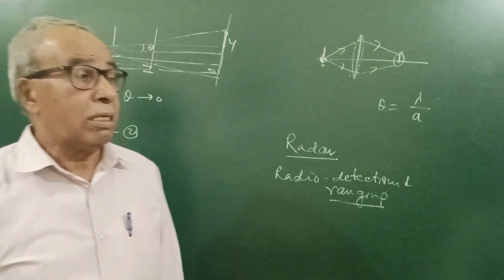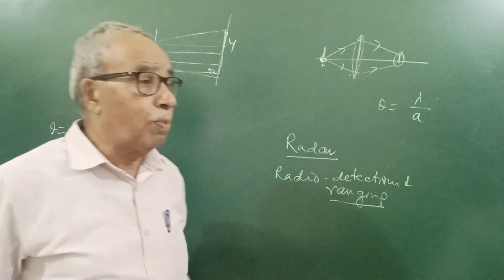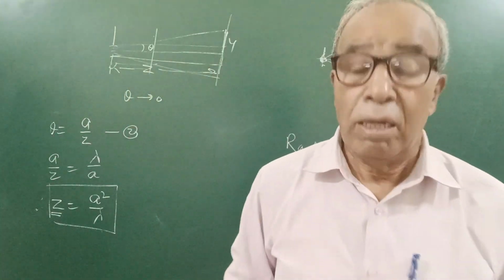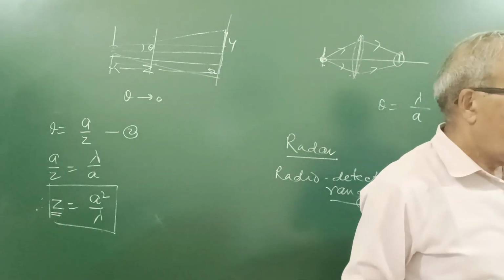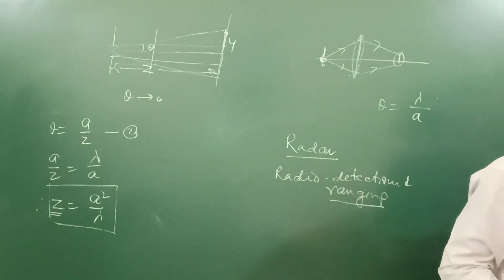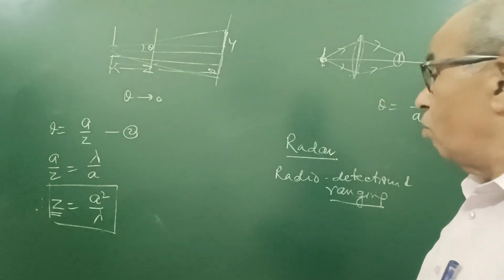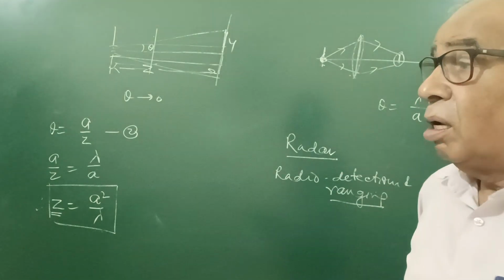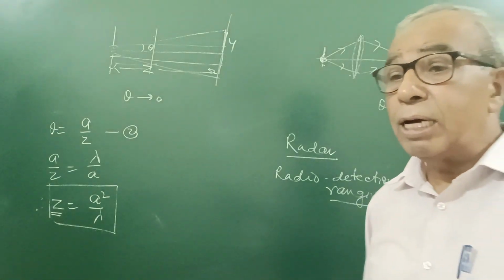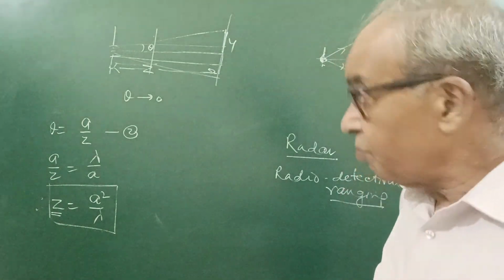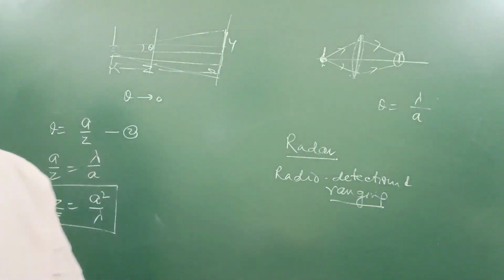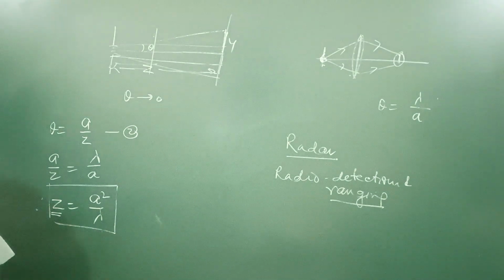In navigation, in the sky, an aeroplane remains connected to the airport from which it starts its journey. Radio waves are electromagnetic waves, as I have told you, which are used for communication.